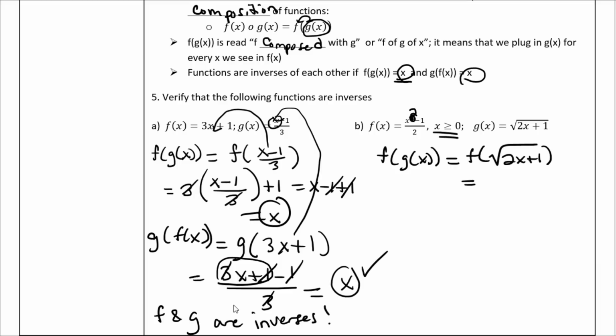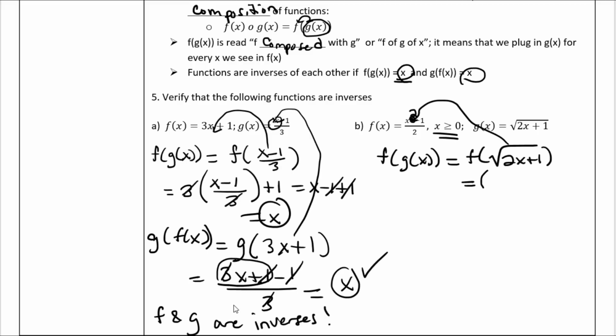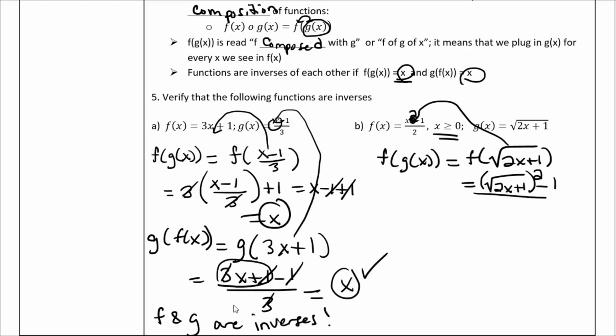Plug that into this guy, so we're going to plug this in to x squared over x. We got this guy in x, and then it gets squared because we had the squared there. So we're going to replace x with the square root of 2x plus 1, but then it's squared, minus 1, over 2.